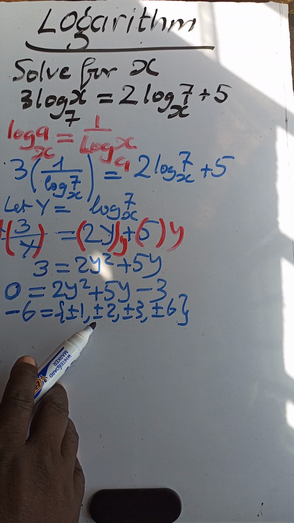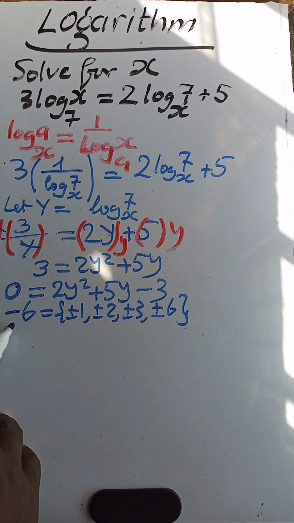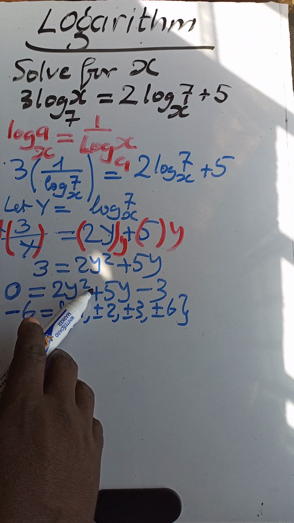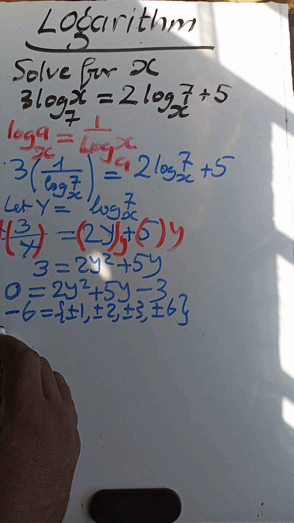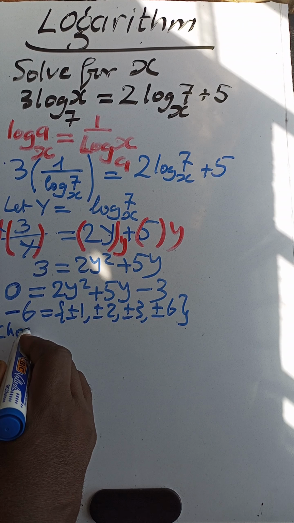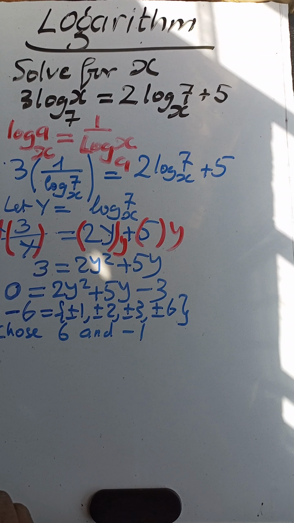In fact, there are only 2 numbers such that their product gives us negative 6 and their sum gives us positive 5. Those 2 numbers are plus 6 and negative 1. So we chose 6 and negative 1.